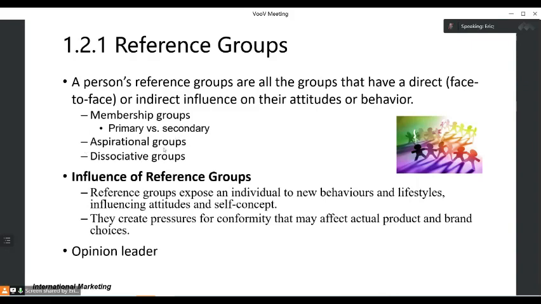Also, there are some groups we want to take part in. These are called aspiration groups. Maybe for the young generation, some guys want to join the Navy. They want to be a man, so they want to take part in these groups.